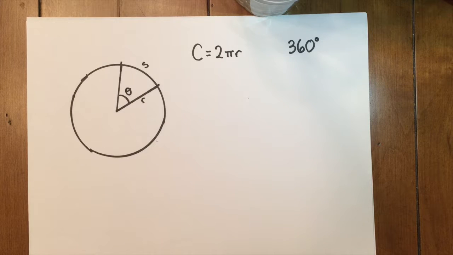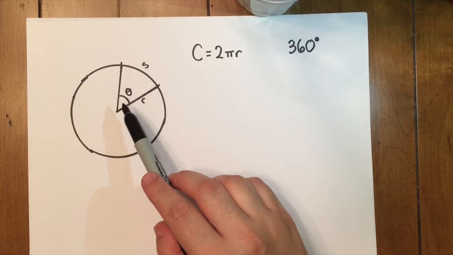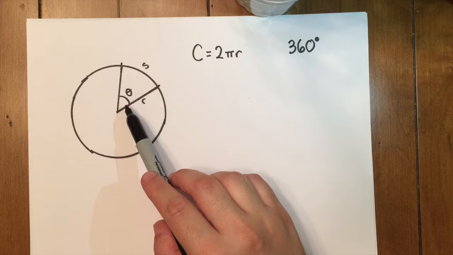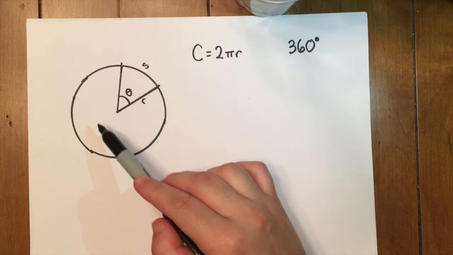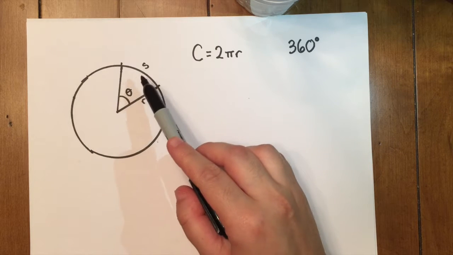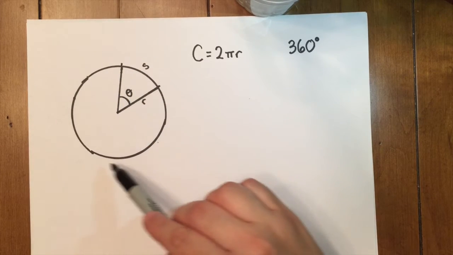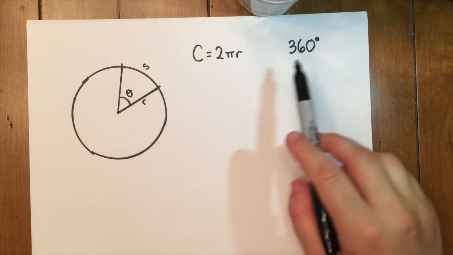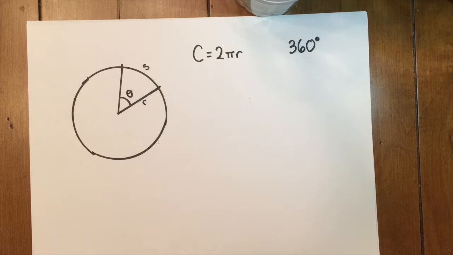Now the cool thing about circles is if we cut out a wedge in a circle, the degree measure, or the angle measure if it's in radians, in the middle of the circle of that wedge is the same fraction of the whole 360 degrees as this little arc here is of the whole circumference. So we're saying that the relationship between theta and 360 is the same as the relationship between s and the circumference.